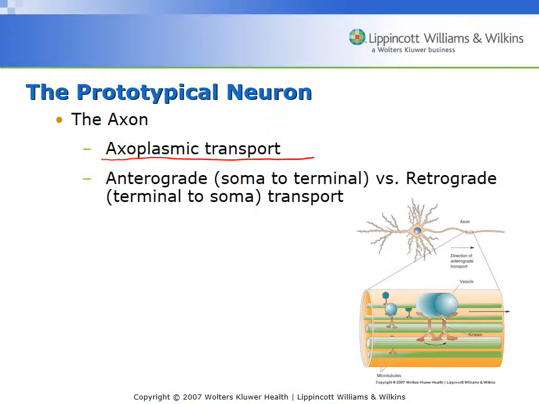So in the 1940s, American scientists did a very interesting experiment in which they basically tied the end of an axon, and they noticed that material started accumulating at the knot. When the knot was removed, the material continued moving down the axon at about 1 to 10 millimeters per day. Well, okay, it's good, but let's consider 10 millimeters a day.